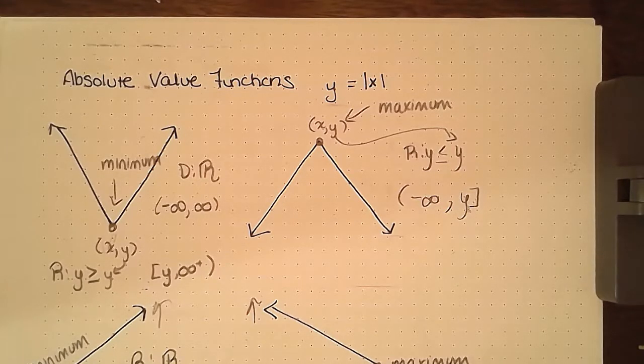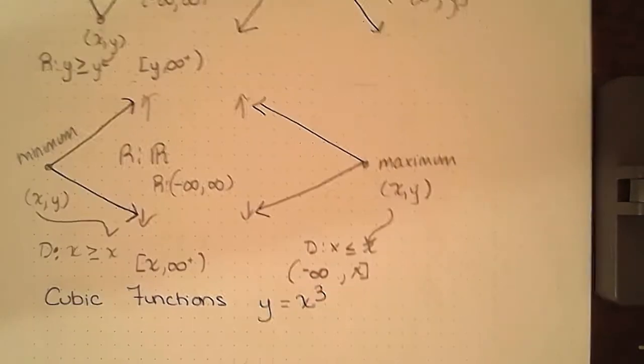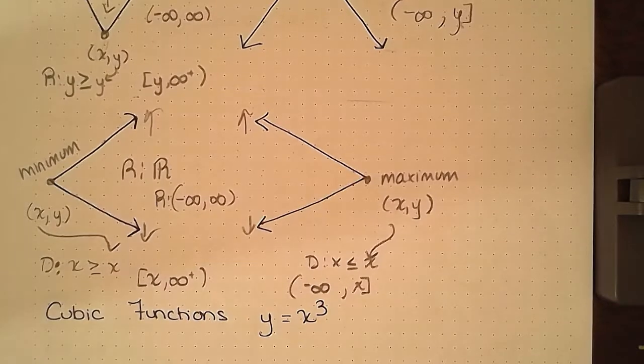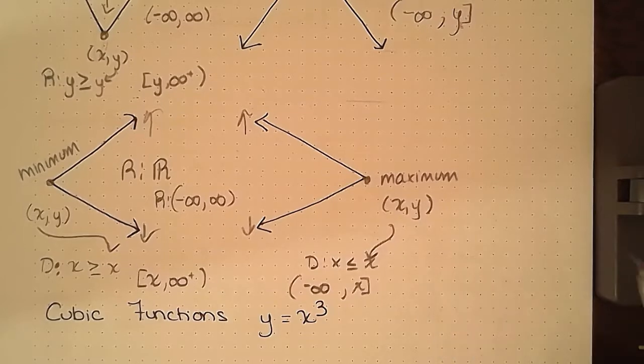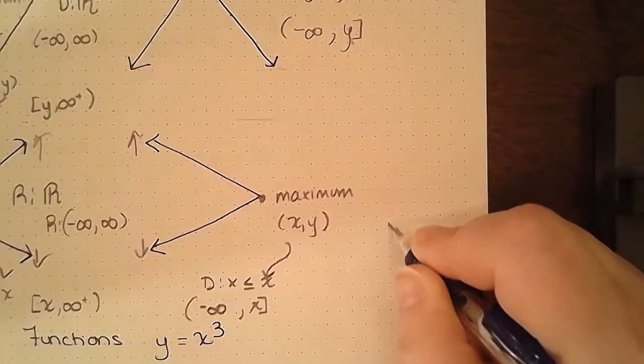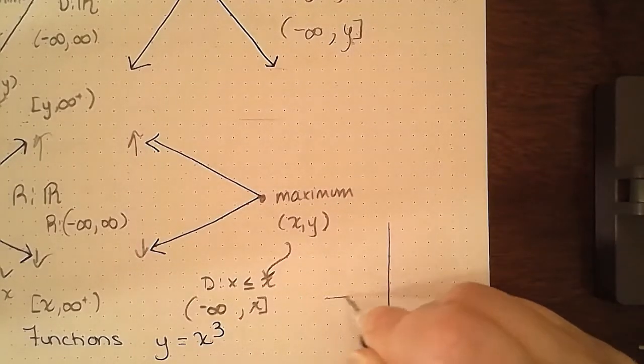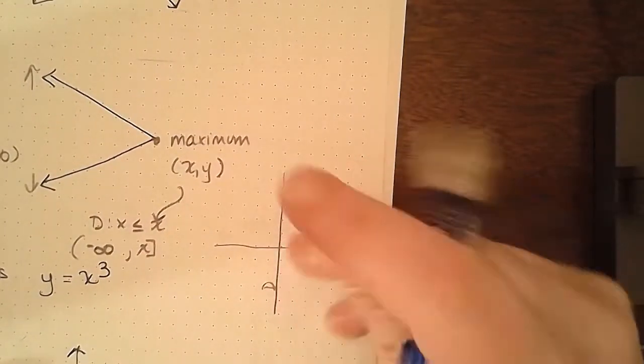Okay, so again, when you're going left or right, your range is what's going to be all real numbers, and your domain is going to be x is greater than or equal to, or x is less than or equal to, depending on which way it goes. So remember, if you look at the coordinate plane, your domain is your x value, and your range is your y value.